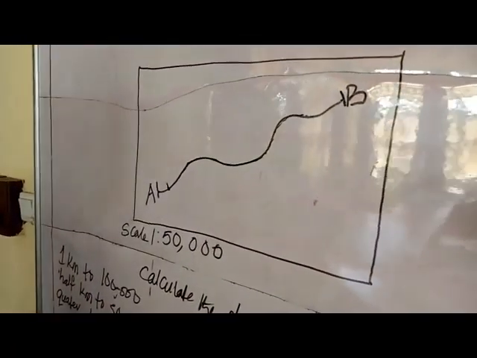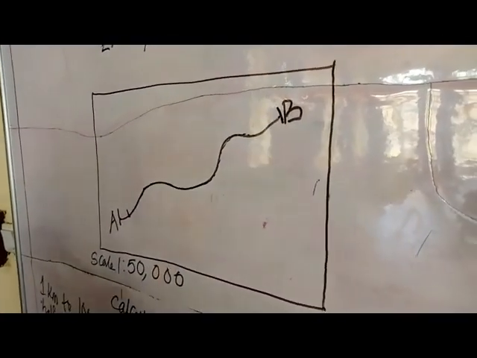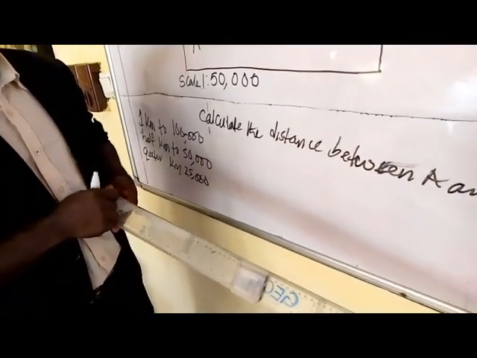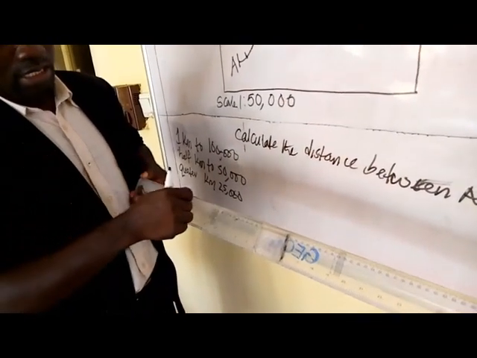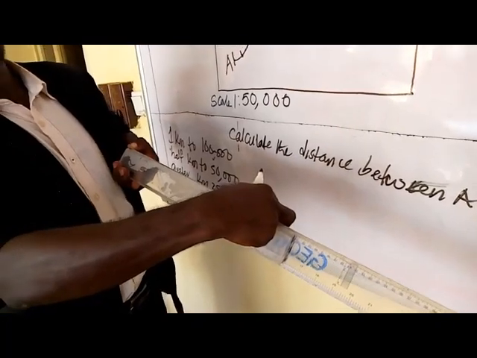How do you interpret it? You will come by using your ruler. This is our ruler, right? So we will now stretch the thread along this very particular ruler.